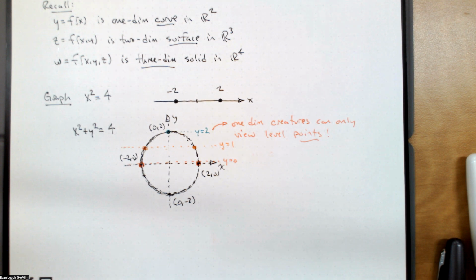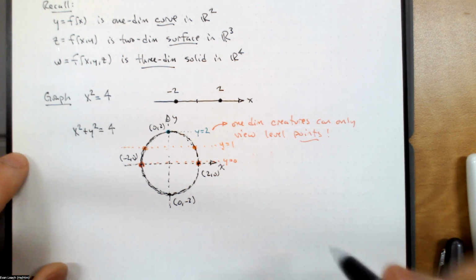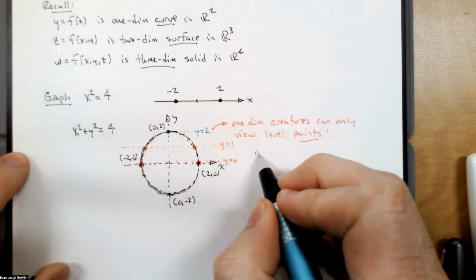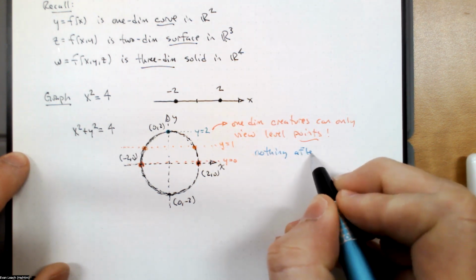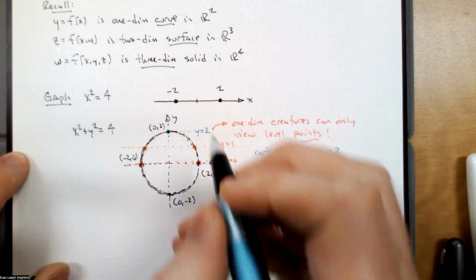What happens for larger values of y? What do they see? If y equals 3, what are we looking at? Nothing. Then they say, oh, the shape stops when we get to y equals 2. After that, nothing.